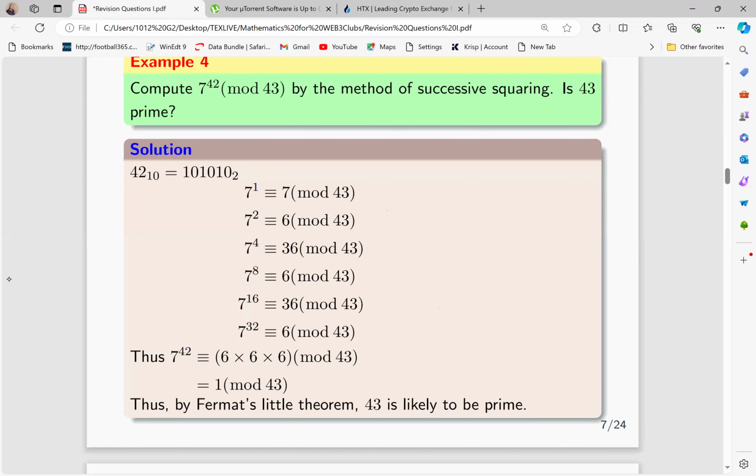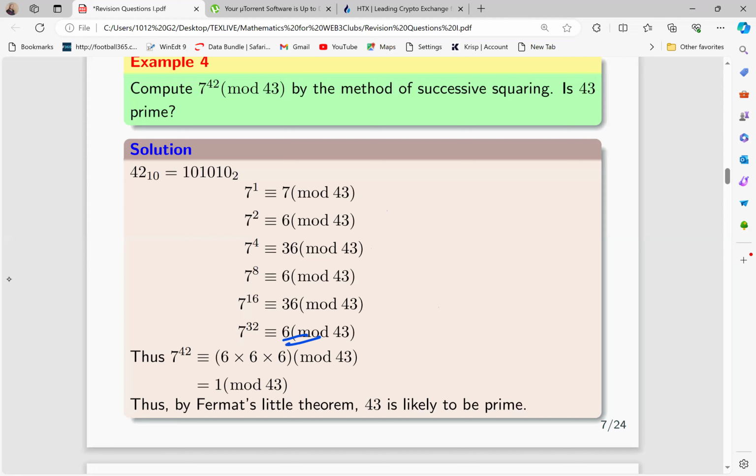And then next, 7 power 32, we square what was above, here 36. And when we calculated this, our answer was 6. So here we get the 6.